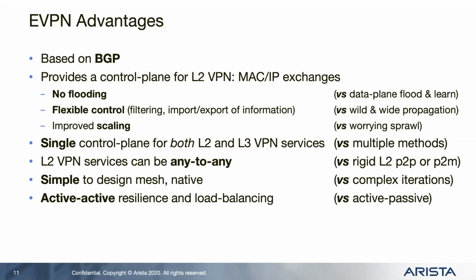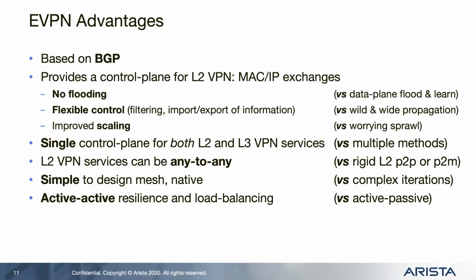We mentioned before it's a single control plane for both the layer 2 and the layer 3 VPN, as opposed to having a collection of different protocols and solutions patched together. And when looking at the ELAN solutions, or L2 VPN, you are very flexible in the topology, in the sense that you're not restricted to one to many or one to one, for example, with pseudowires.